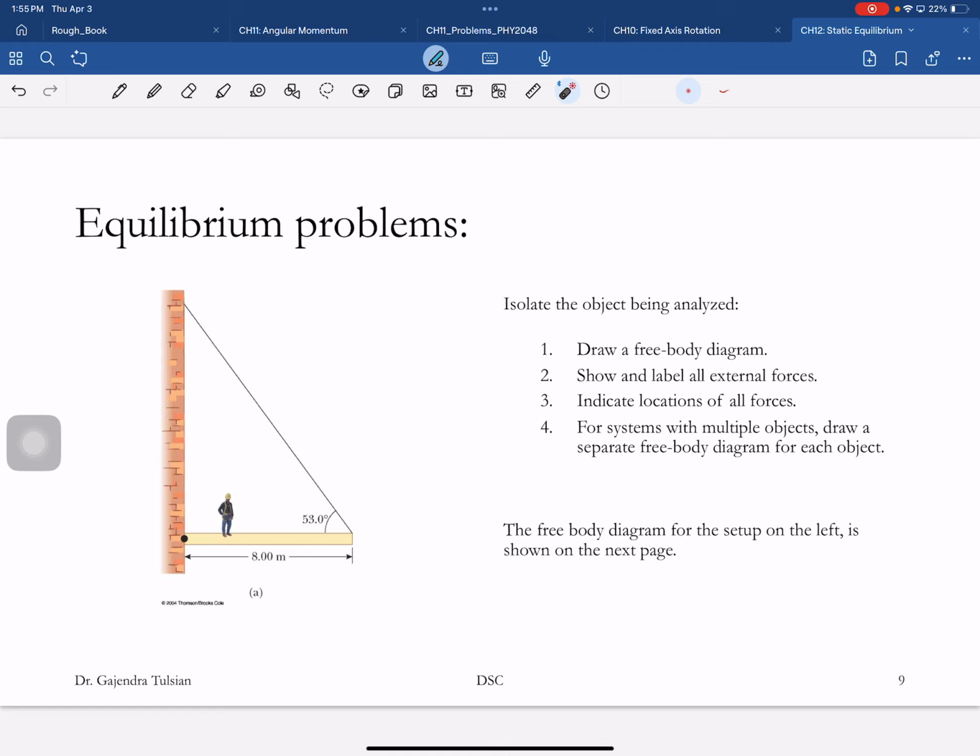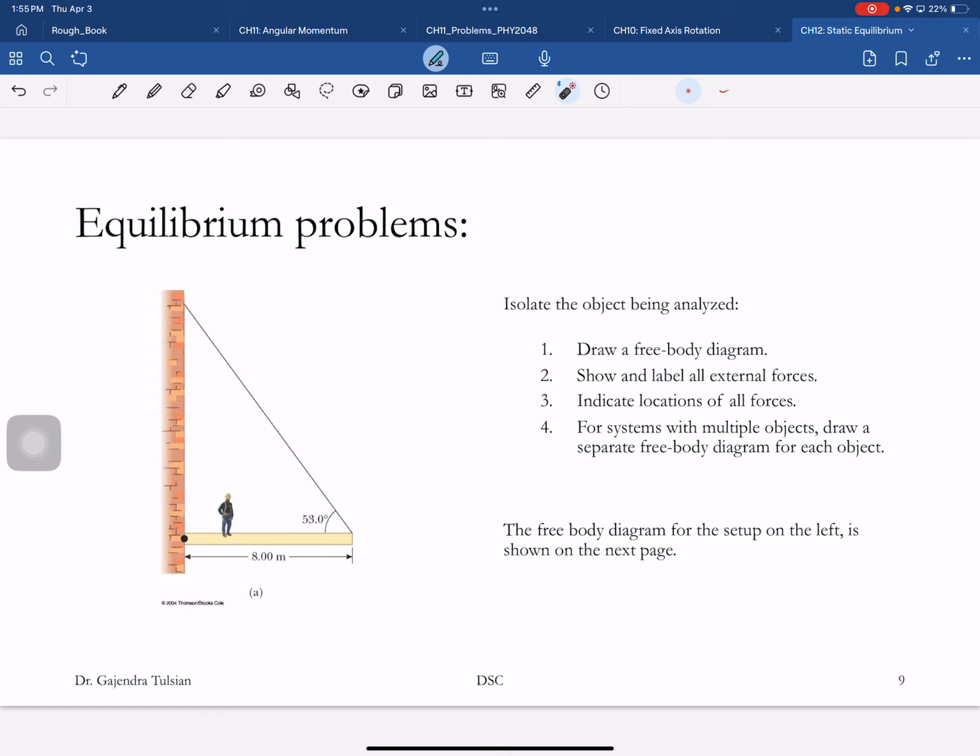Your job as an engineer: as this guy walks further out, the tension in the string has to increase so that this thing doesn't fall down and doesn't break. You have to make sure this cable can withstand the maximum tension it'll bear, and this hinge shouldn't come off.